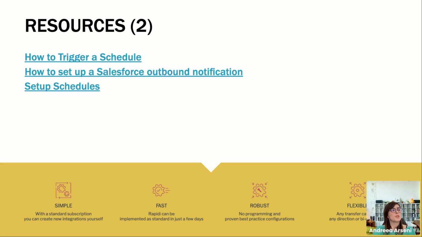The same thing here. Added screenshots so you can go through the process and be able to set up everything by yourself. And schedules, of course, just as a reminder, you need to have schedules set up before you go into the outbound message setup. And make sure that you go through all the steps during this process.